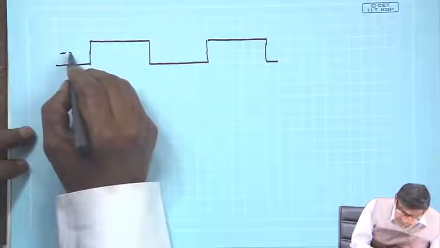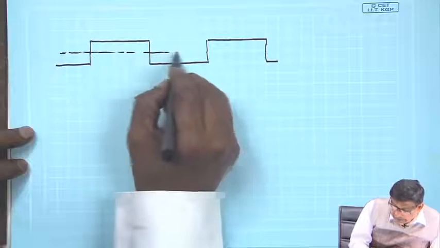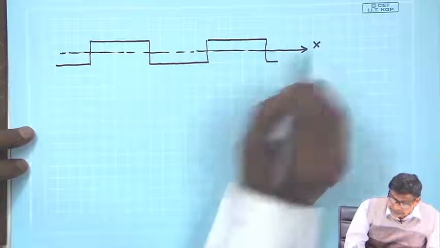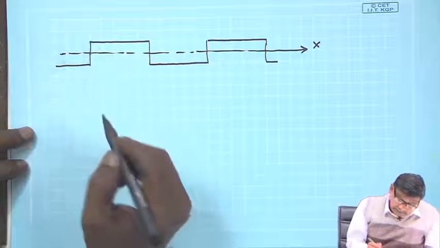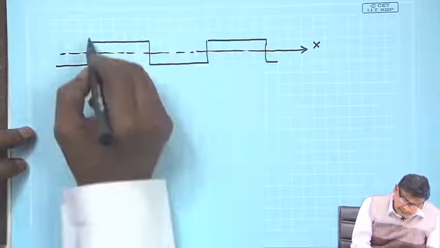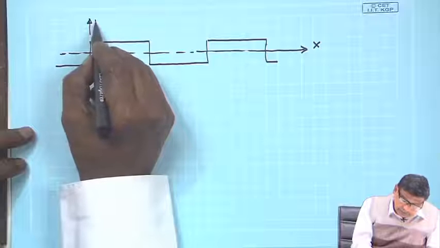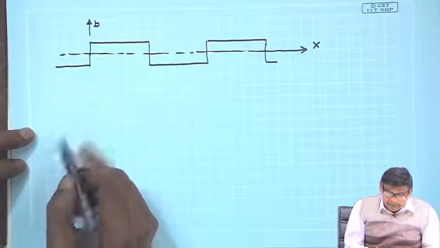This is your axis, space axis, say x axis, and this y axis is small b. Why small b?